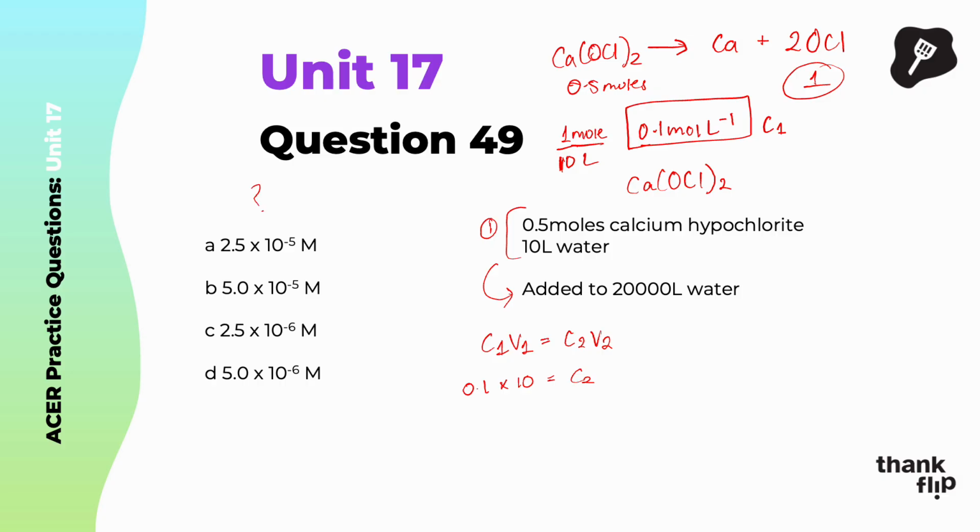We're looking for the concentration, multiplied by V2, which is 20010, because you're adding the 10 liters to this. So you just add that 10 at the bottom. So you have 1 equals C2 times 20010. Then I'm going to divide both sides by this number, 10, and that's my C2.